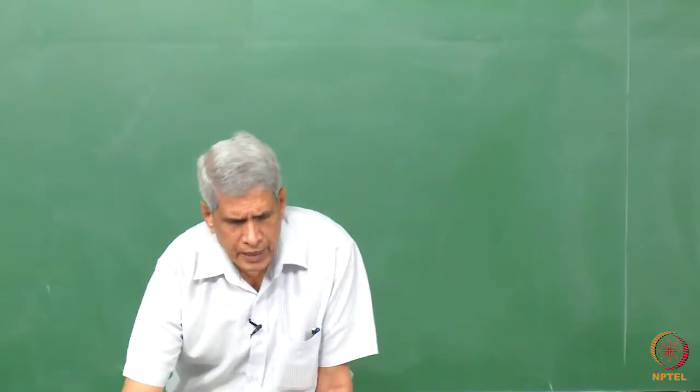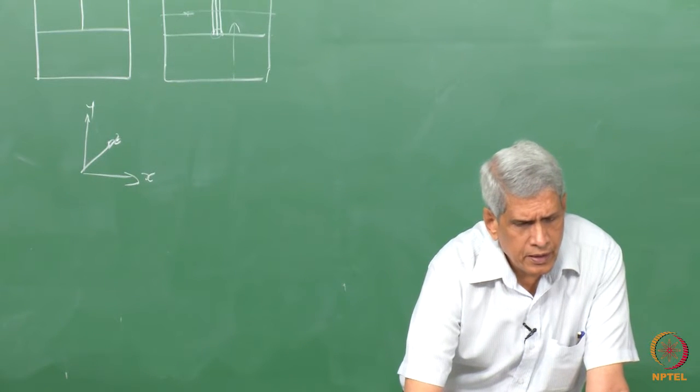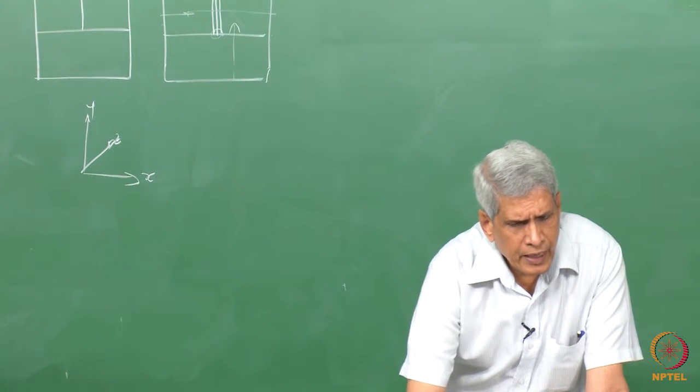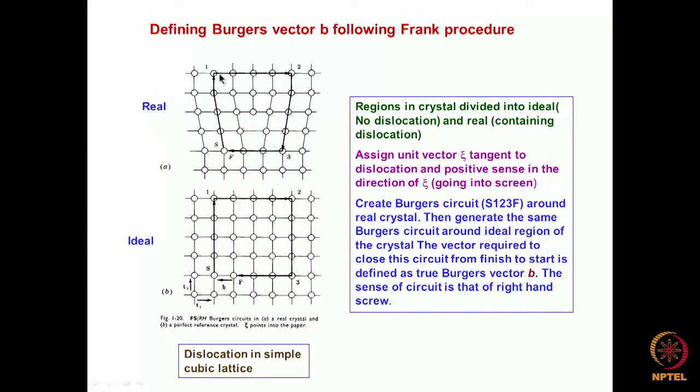Suppose we start from any position, we move around it, and 1, 2, 3, 4 lattice translation vectors we have moved, we reach this position, then move some distance around it here, then move by the same distance back here, then move back, then we can come to a point where the finish point is identical to the starting point.